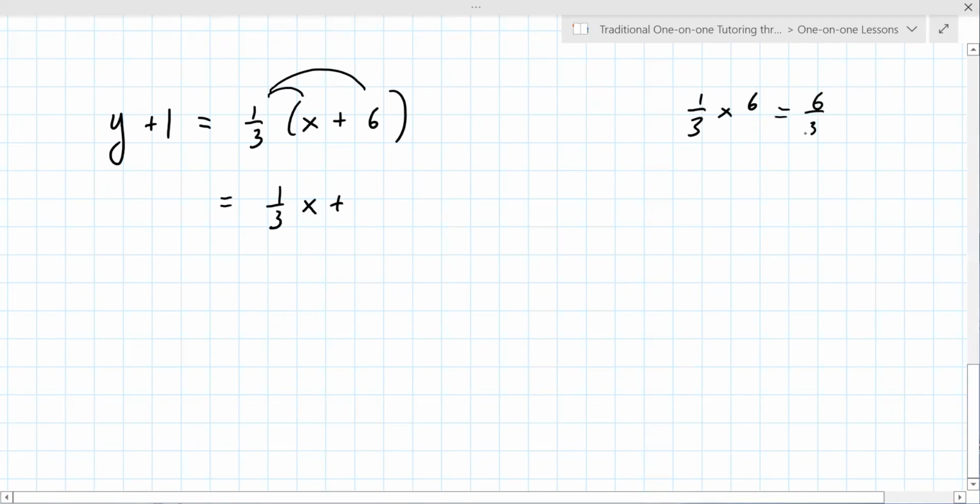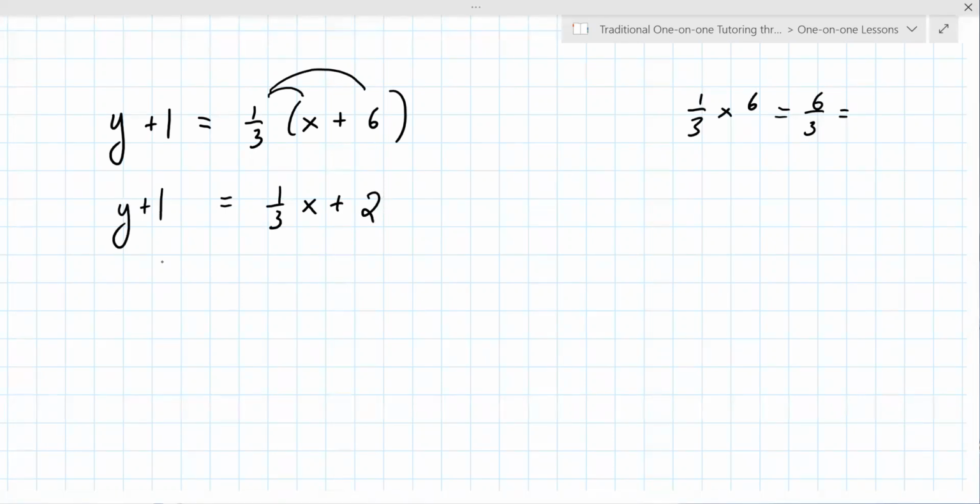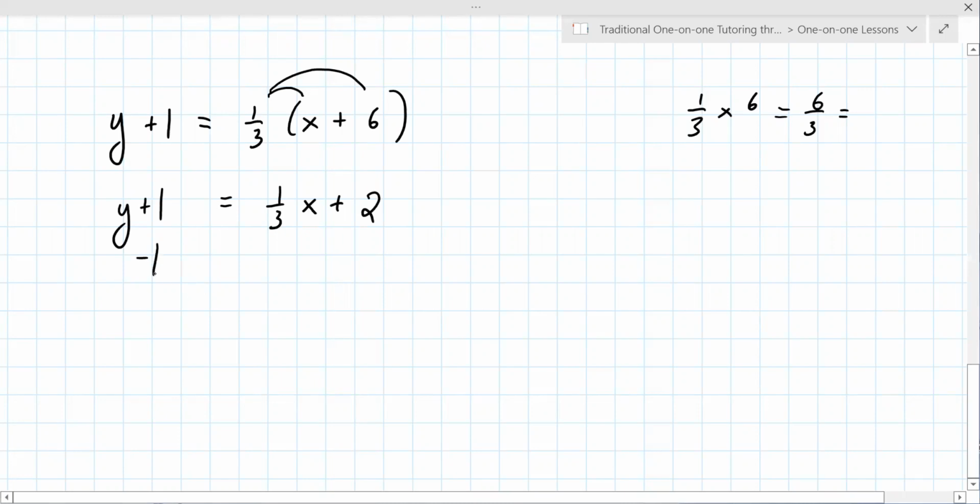What does that reduce to? 2. And what are you left with here? How do you undo plus 1? You subtract 1 on each side. Okay, so it's y equals 1/3 x plus 1.